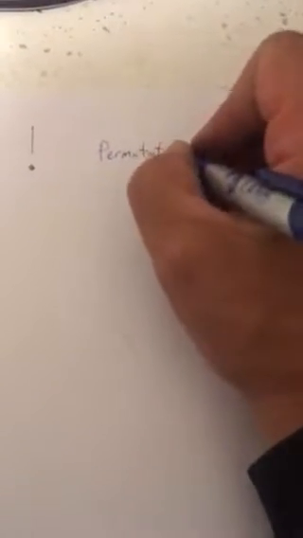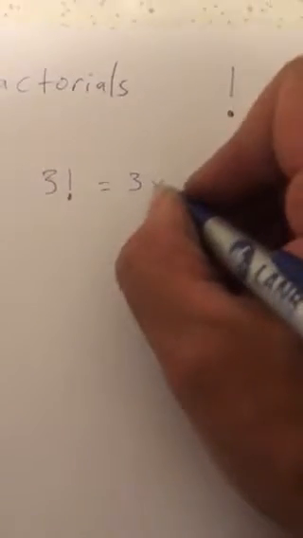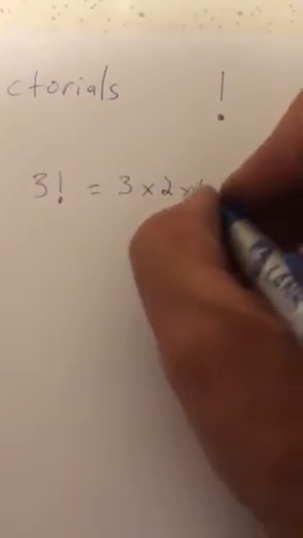And so this is used for probability and statistics. Permutations is a common use for factorials. So if you see 3 factorial, that would equal 3 times 2 times 1.